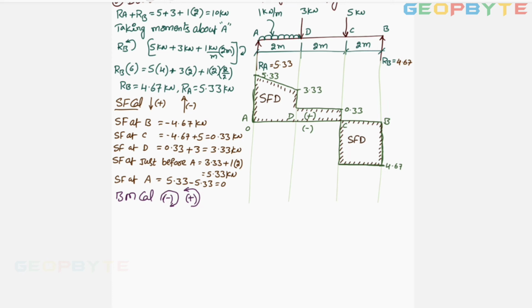Now, with this information, let us find the BM values at different locations. Let me write this part. It is not looking good because of the clarity in the writing. BM calculations like this.